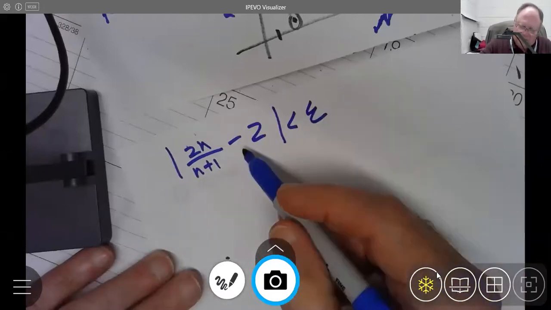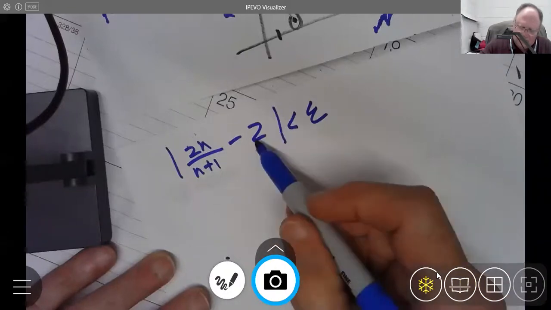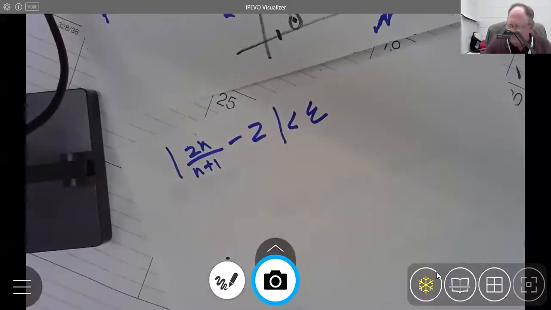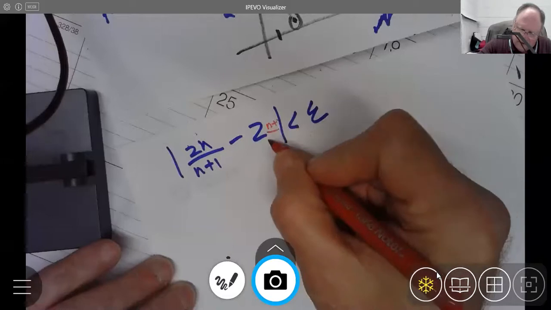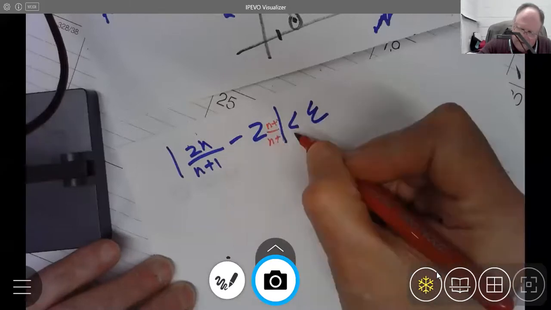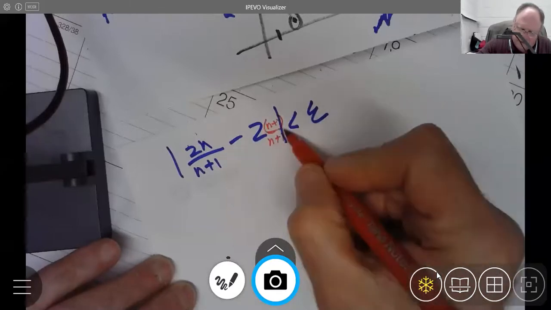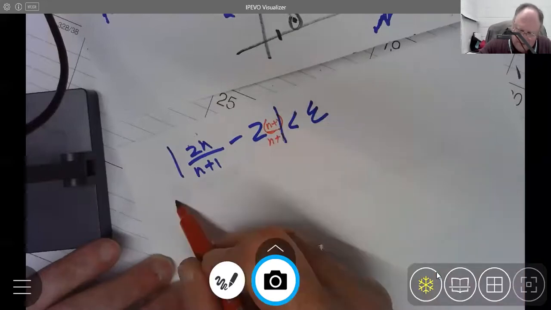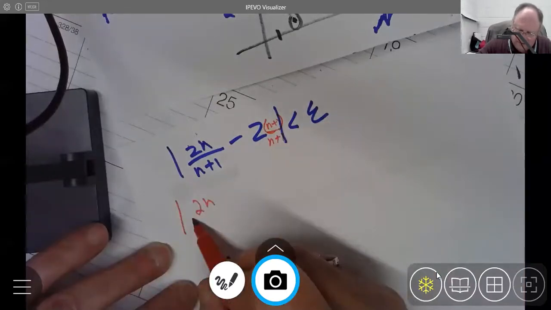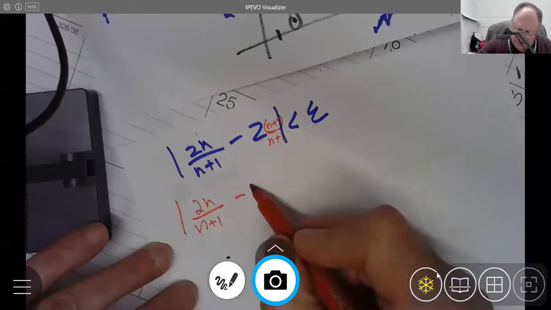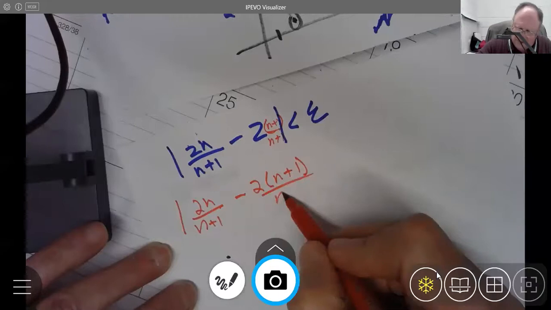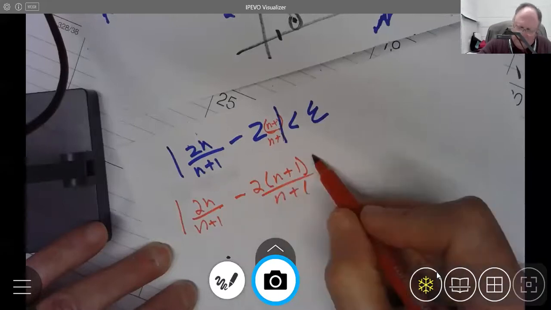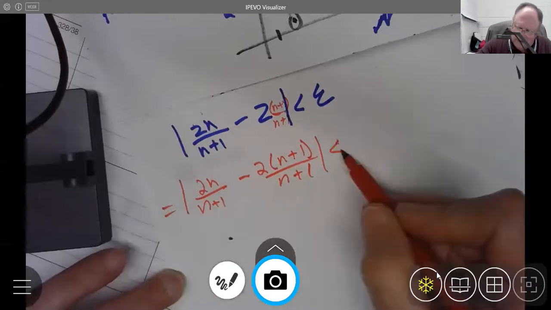You have to combine these, so multiply the 2 by n plus 1 over n plus 1 and distribute the 2. That'll be 2n over n plus 1 minus 2 times n plus 1 over n plus 1, which is less than epsilon.